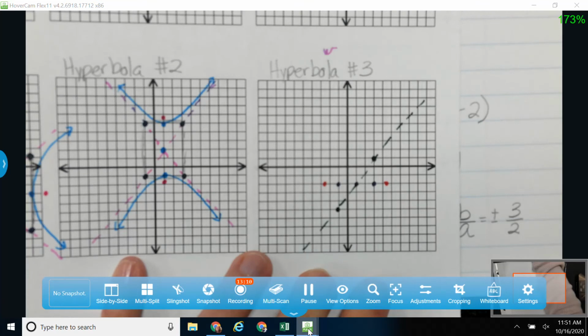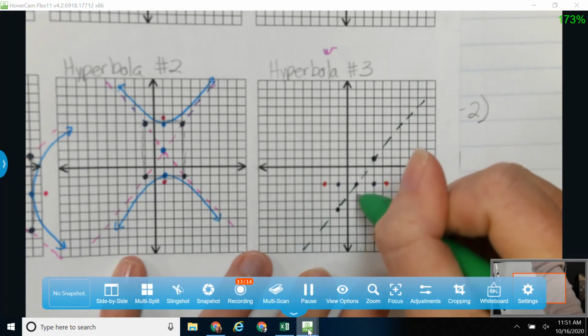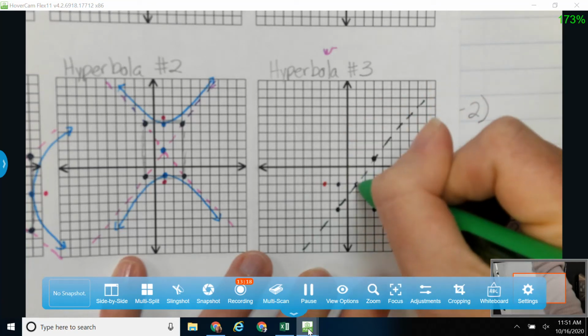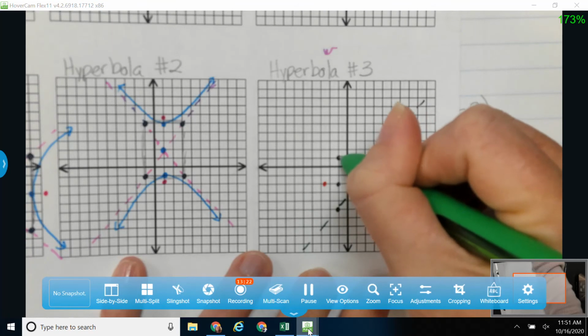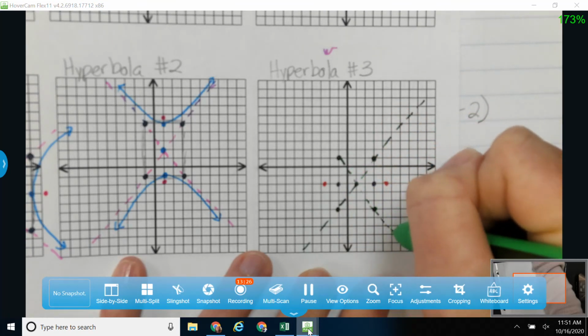And then I also want to graph my slope of negative 3/2. So I'm going to go down 3 over 2, and I'm going to go up 3 over 2. That puts me here, and there's my slope of negative 3/2.